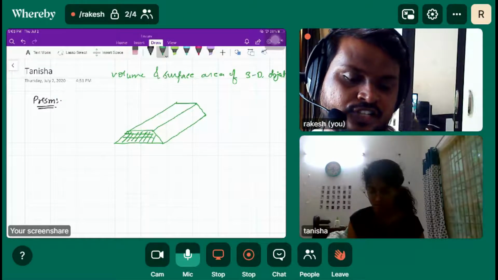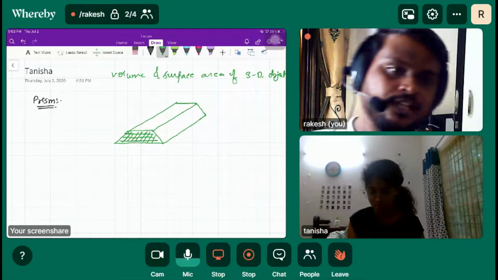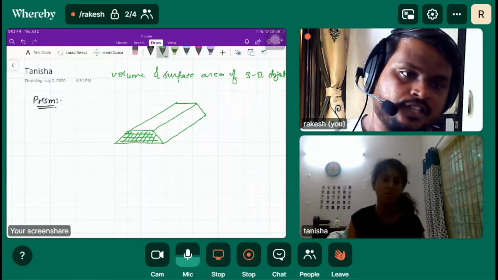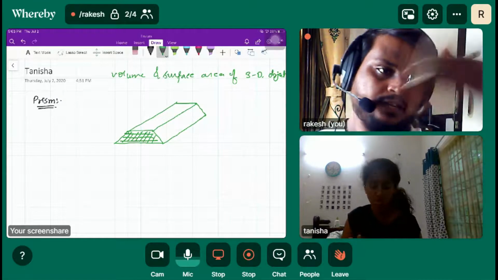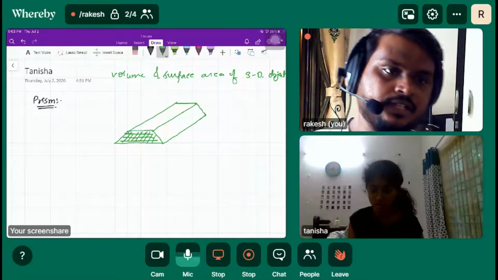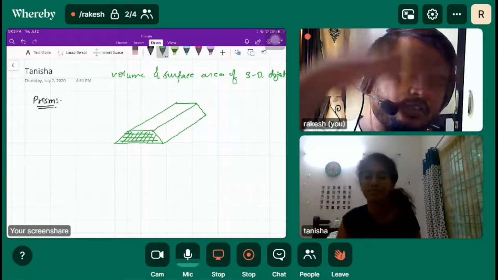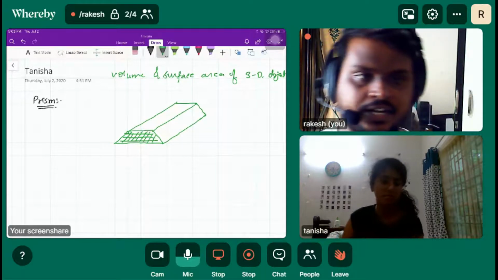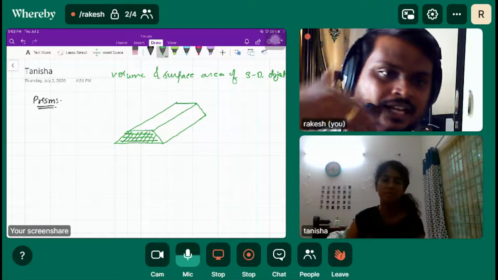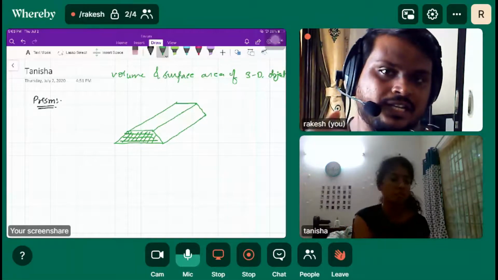So the cross section is trapezium everywhere. If you cut this object by a plane perpendicular to this surface, you will get trapezium everywhere throughout the object, right? So the area is common throughout its length.